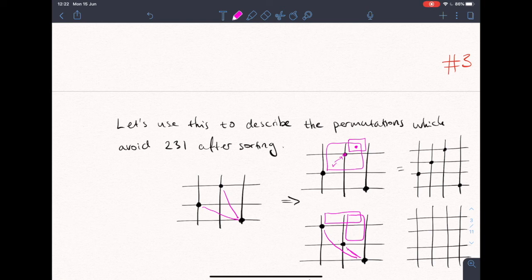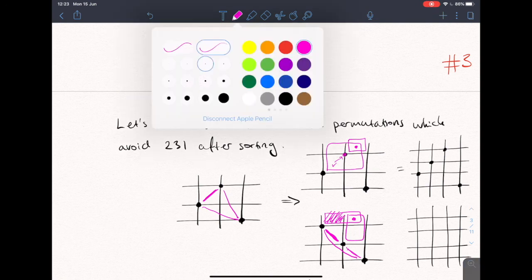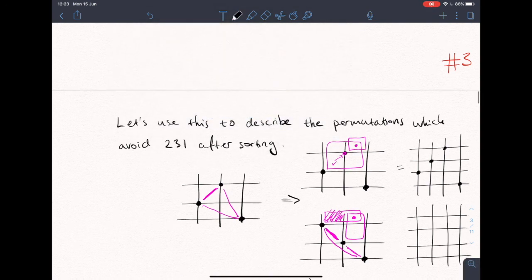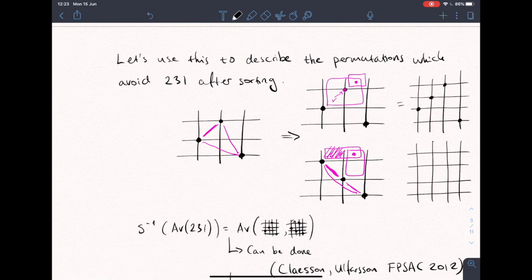But we need these 2 points making an inversion in the input to become a non-inversion in the output, which means there can't be anything here. And so the only way to satisfy all of these conditions is to have nothing here and a point here. If we scale this up to a full permutation pattern, we get 3, 2, 4, 1.